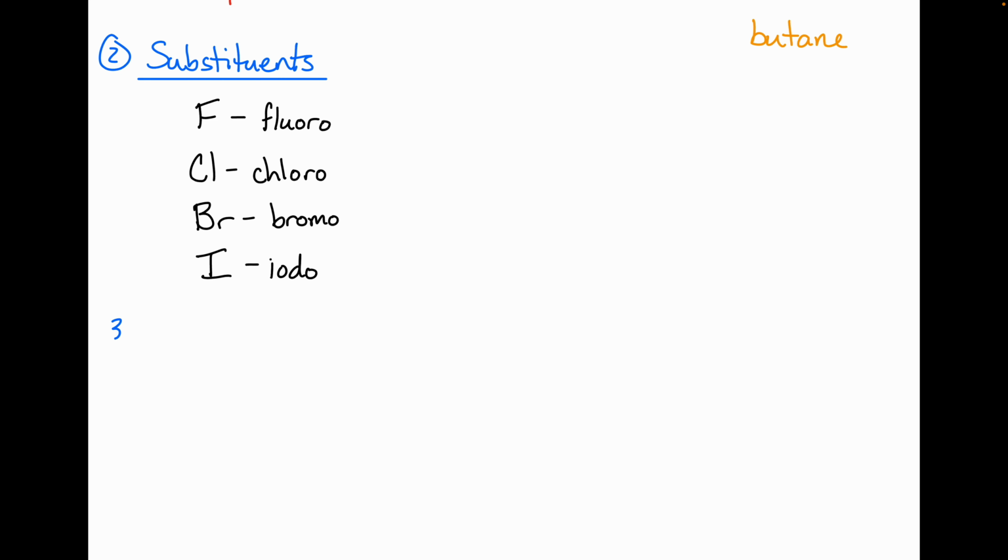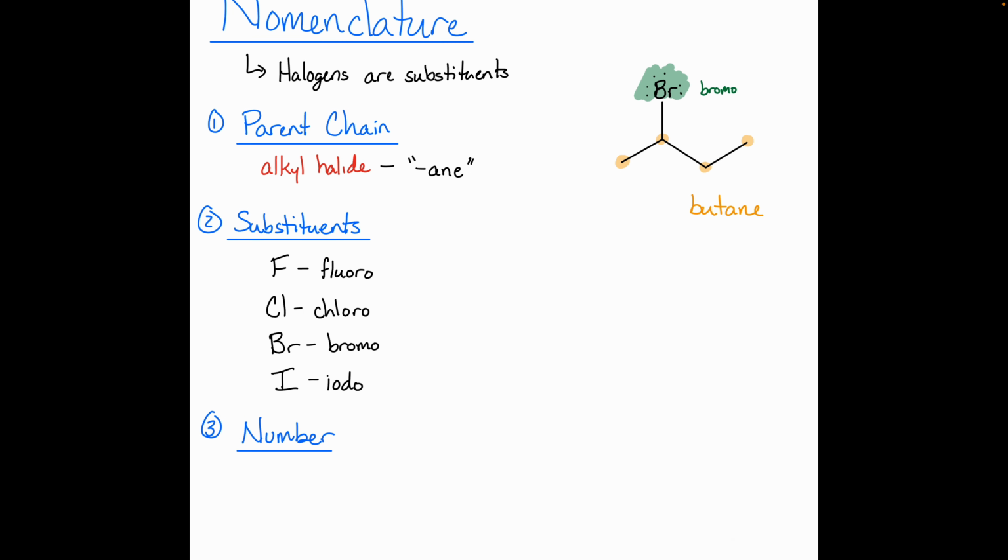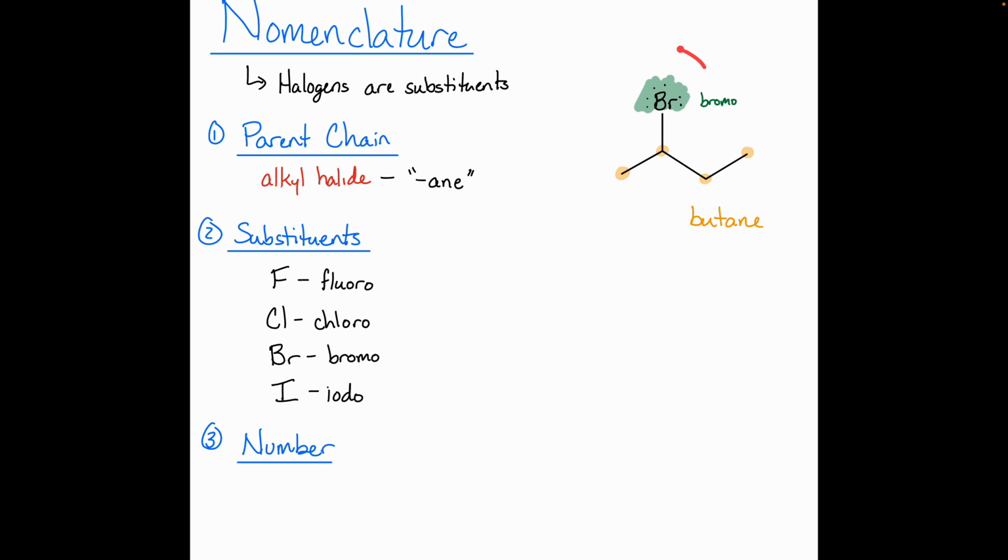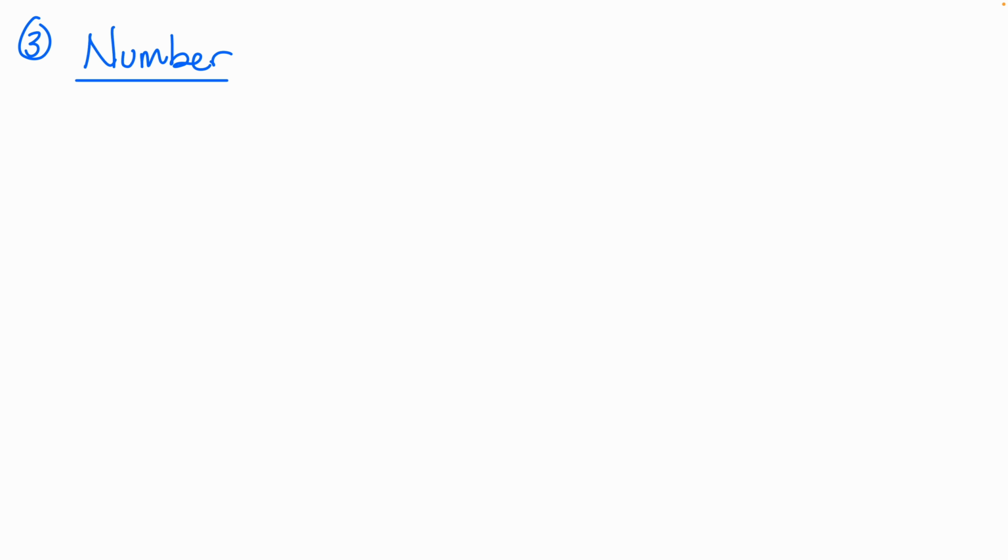All right, and then we're going to number our parent chain. Because in the world of nomenclature these are substituents, we don't have any sort of prioritization like we had with our other functional groups. So when we number, we simply want the lowest number in the name.